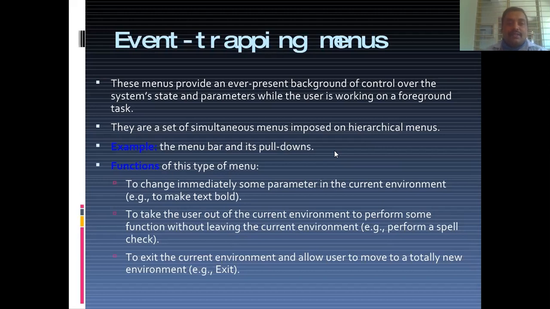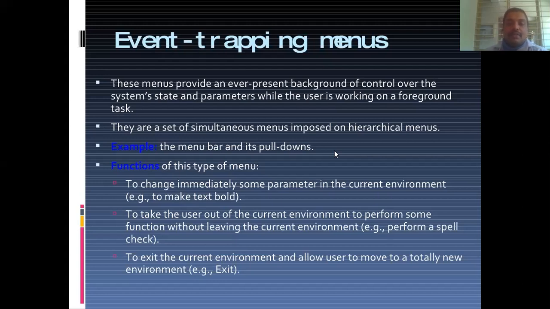The next function of this menu is to change some parameter immediately in the current environment, or to perform some function without leaving the current environment. For example, you need not leave the current page.